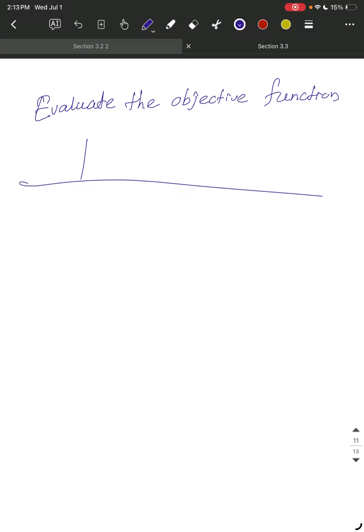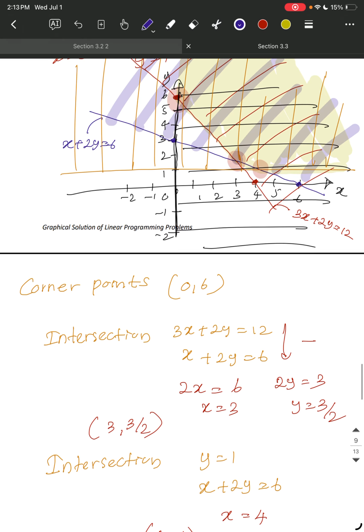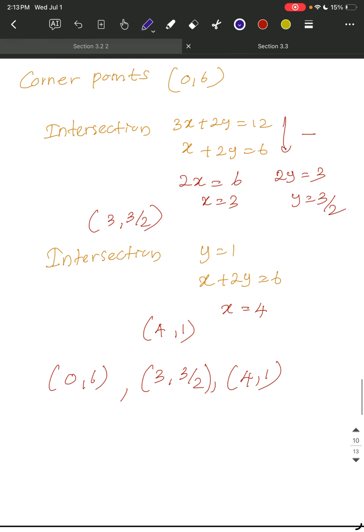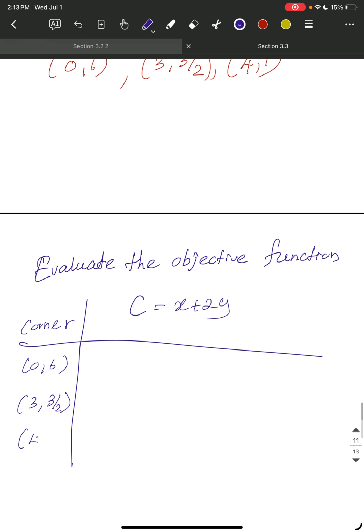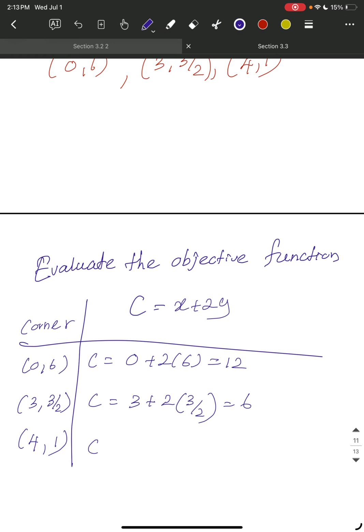So we have the minimization function, c equals x plus 2y, with corner points 0, 6, 3 and 3 over 2, and 4, 1. 0 plus 2 times 6 is 12. 3 plus 2 times 3 over 2 is 6. 4 plus 2 times 1 is 6. So then what happened? The minimum value.